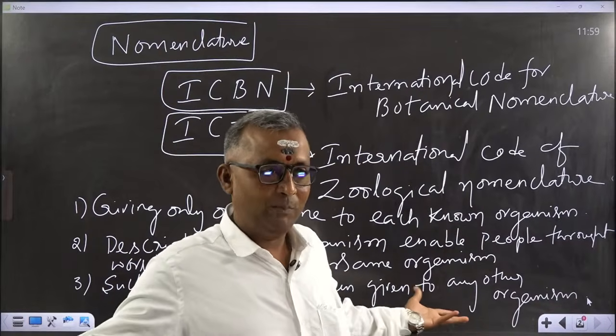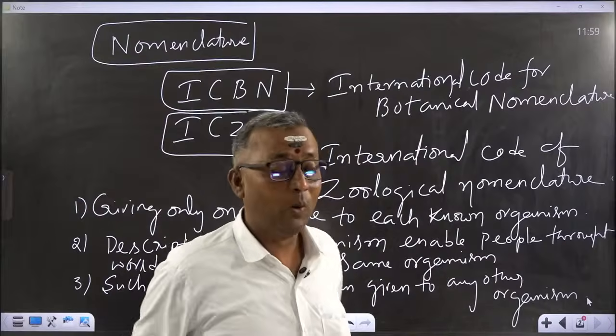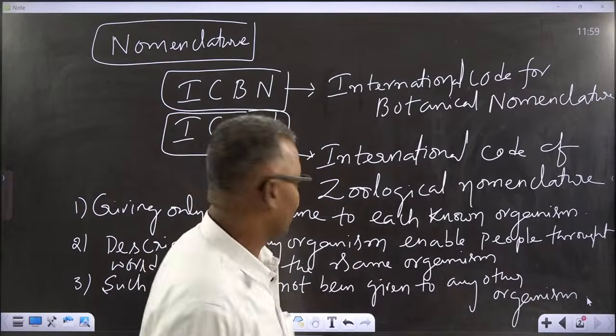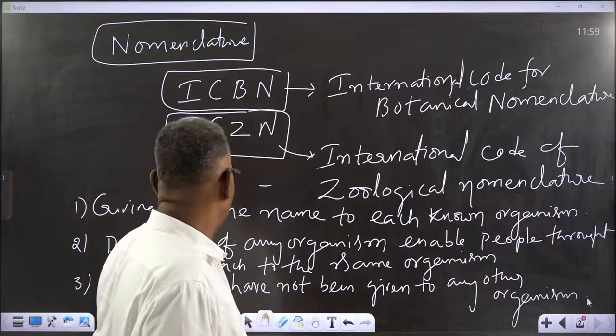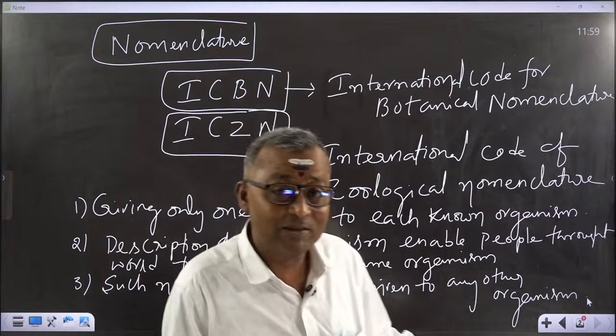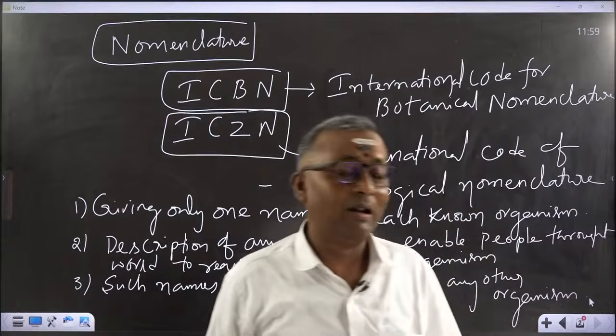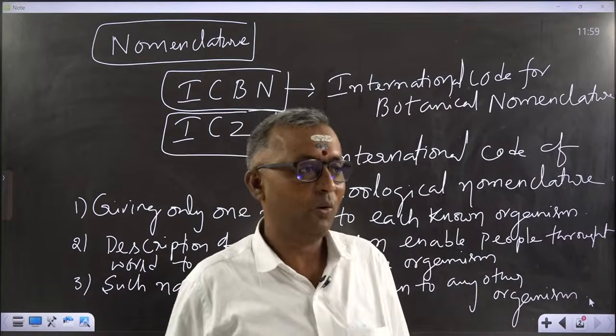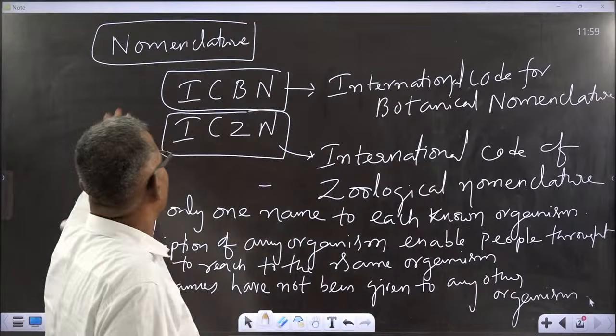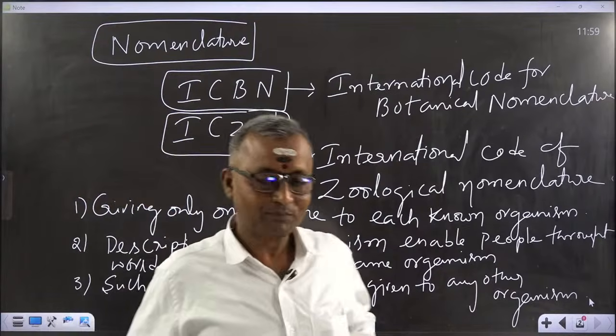If the people throughout the world is not able to identify the organism, then again there is a confusion. And if the same name is given to any other organism, that again creates a confusion. Therefore, to avoid confusion, we have this nomenclatural system.